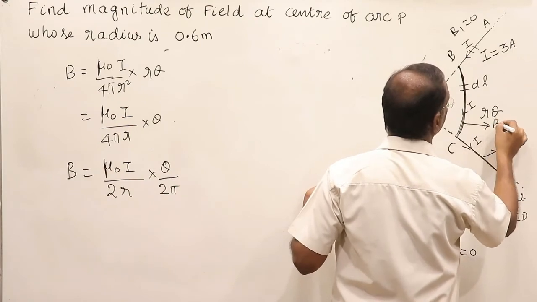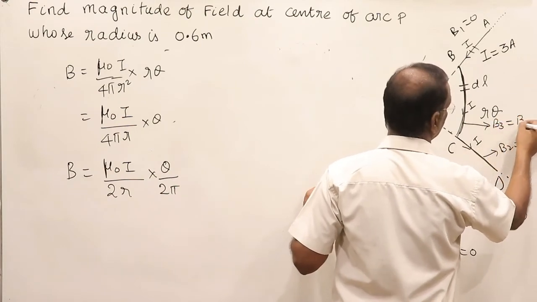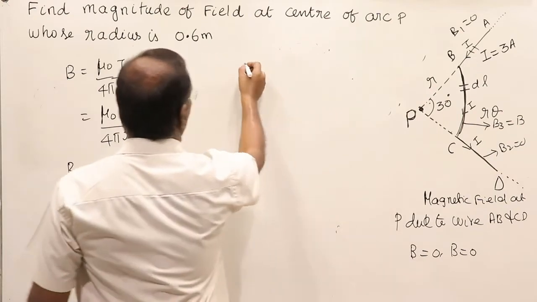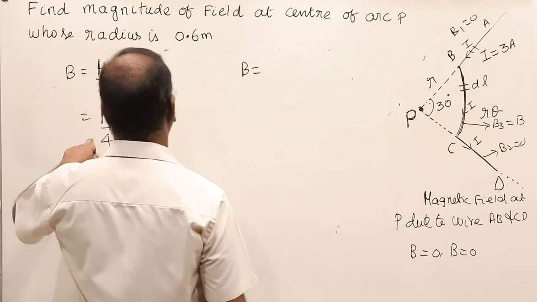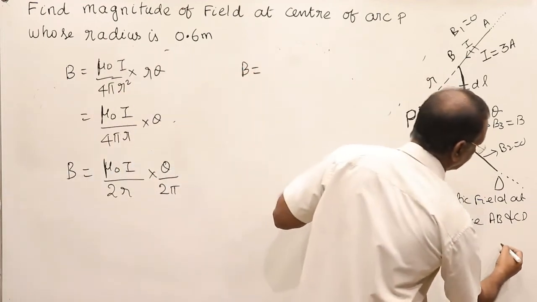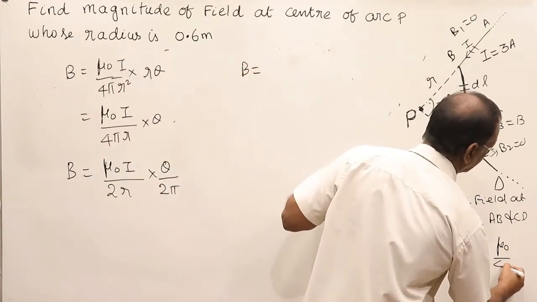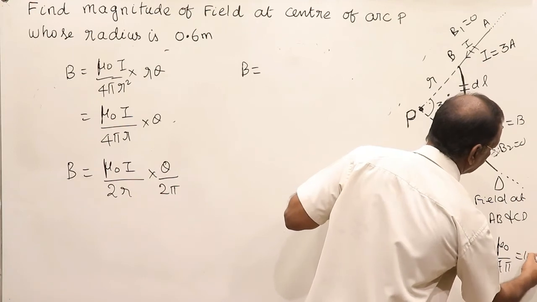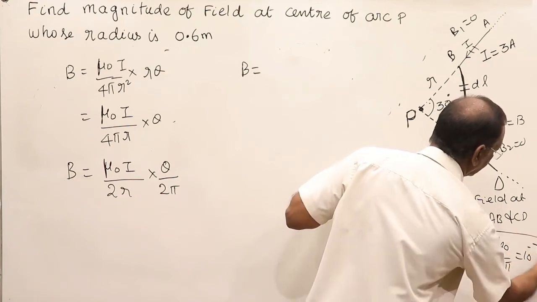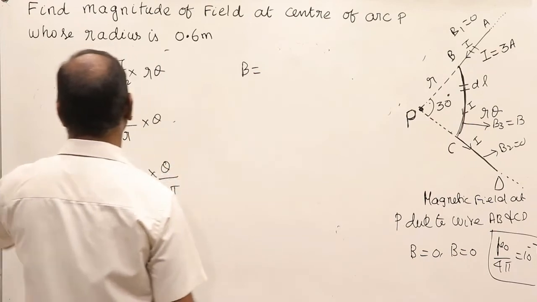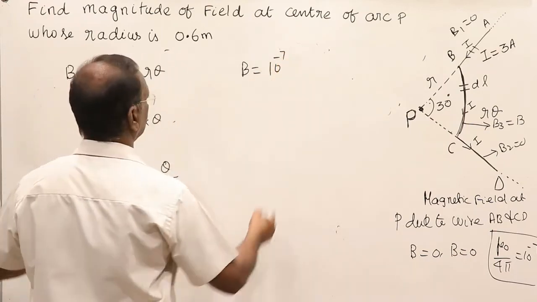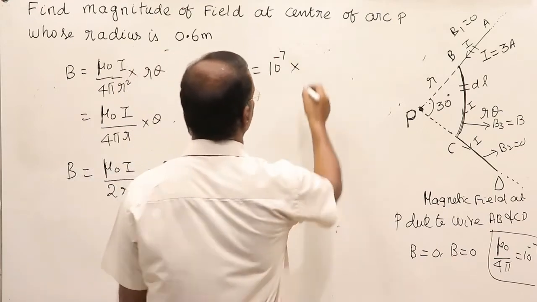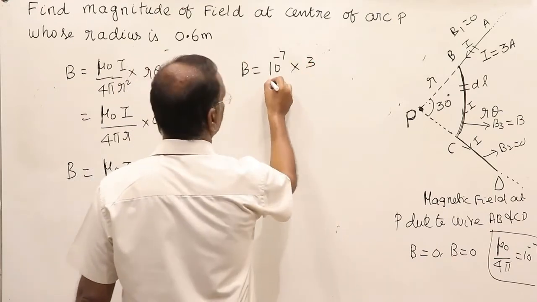This we call it as B3, which we can call it as B. Therefore B, and substituting the value, we know the value of mu naught by 4 pi is equal to 10 to the power minus 7, numerical value, into current. Current is given, 3 ampere, and radius.